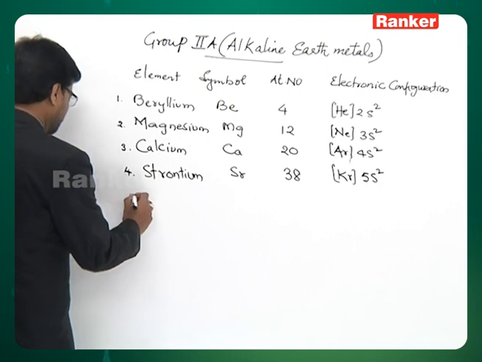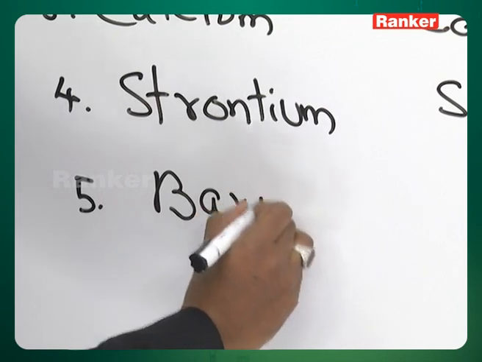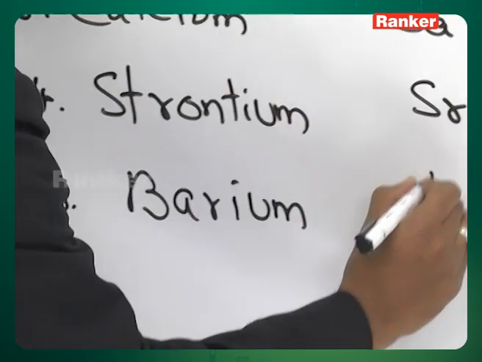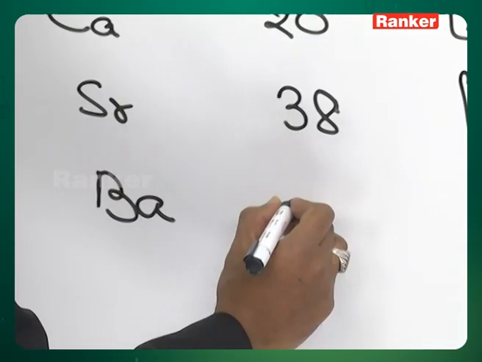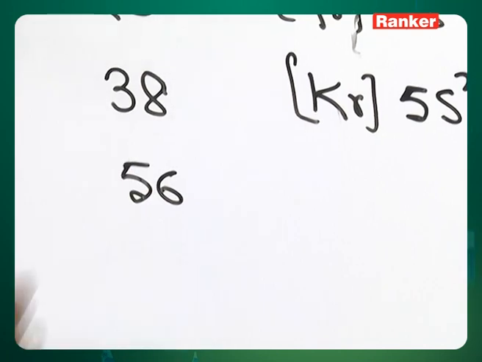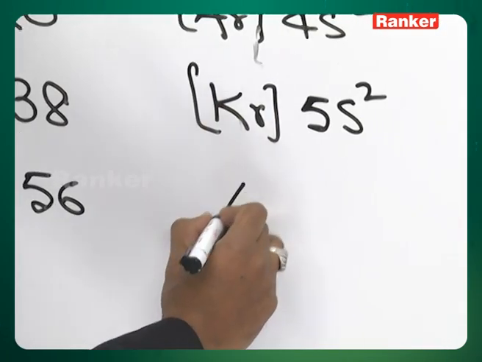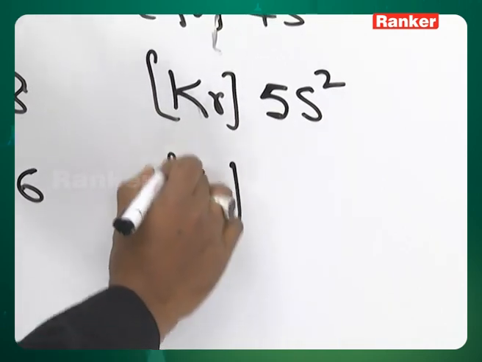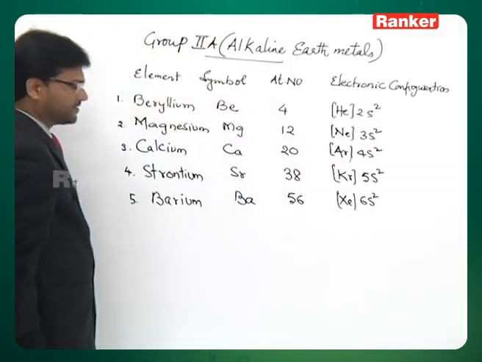The next element in the list is barium, Ba. This is 56. It has got xenon core and 2 electrons in the 6s subshell.